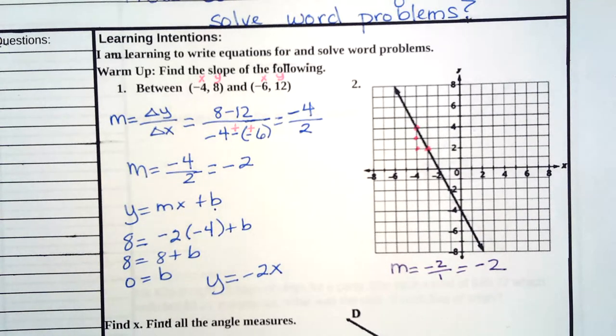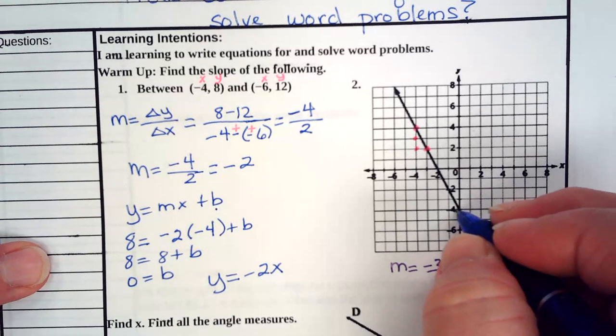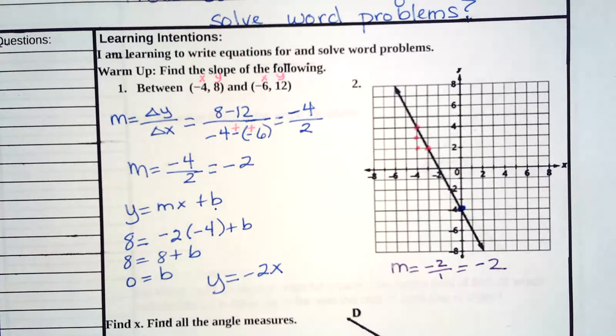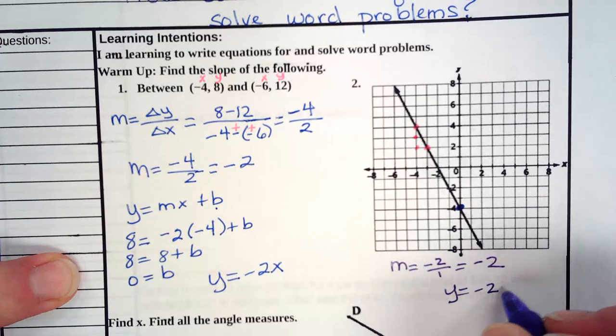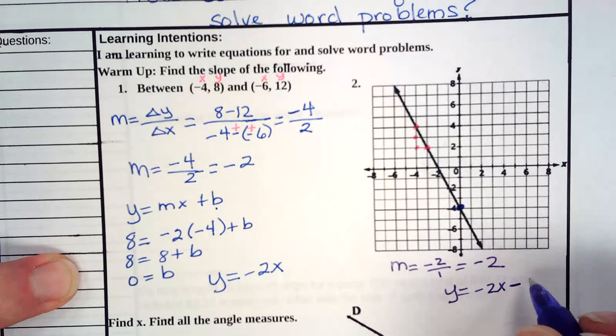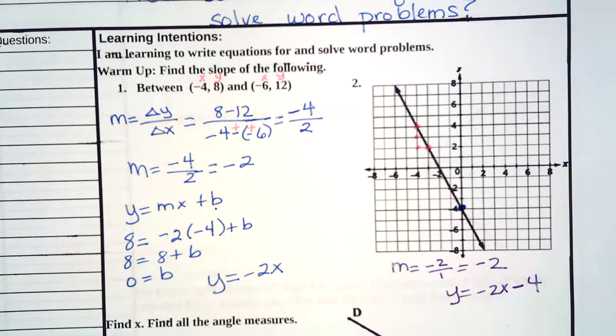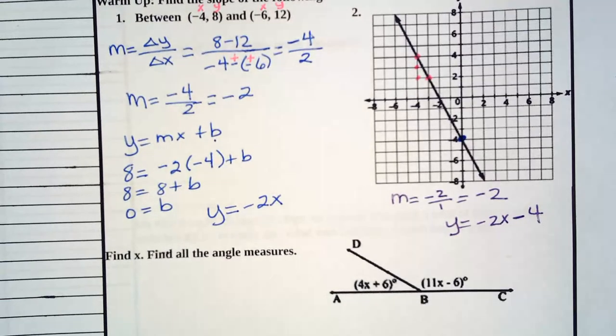Now this one's even easier to write in y-intercept form because b is where it crosses the y-axis. So y is equal to -2x minus 4, and that would be the equation of that line.